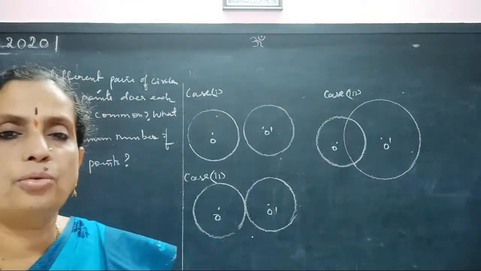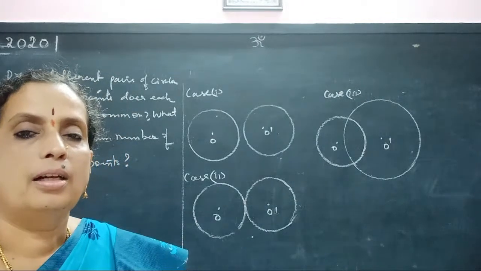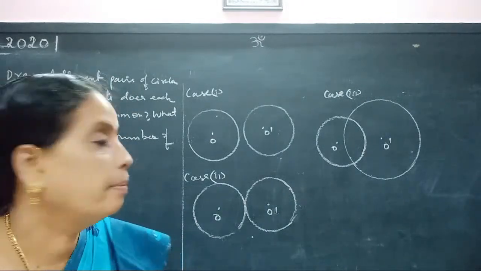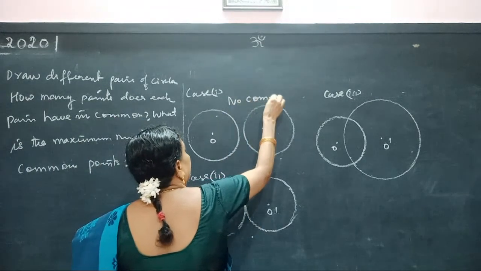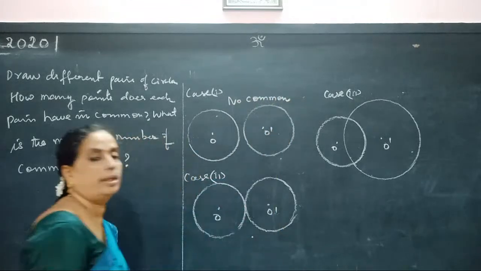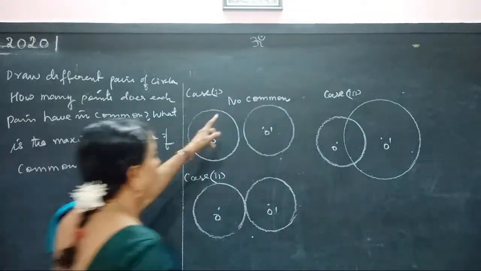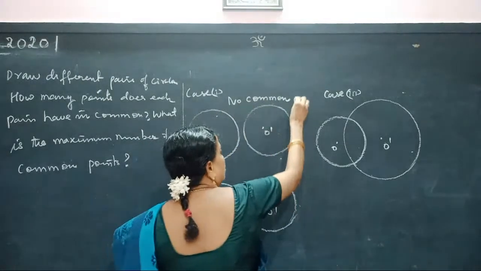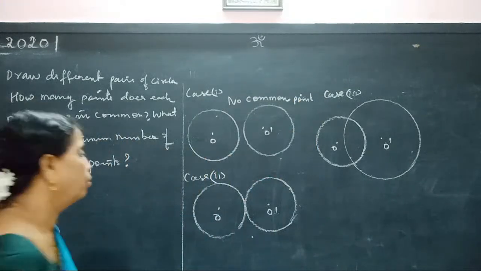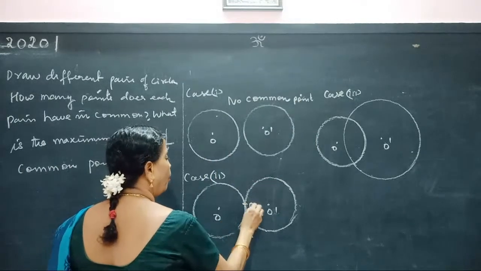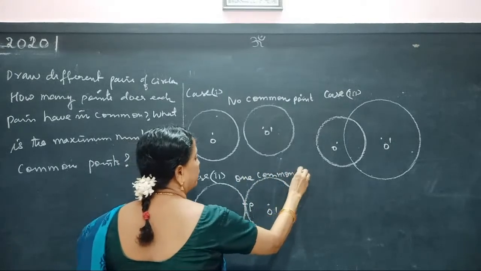Case 1: 0 points. That means there is no common point. Both are apart, there is no intersecting point. There is a gap, that means no common point. Case 2: only one common point.